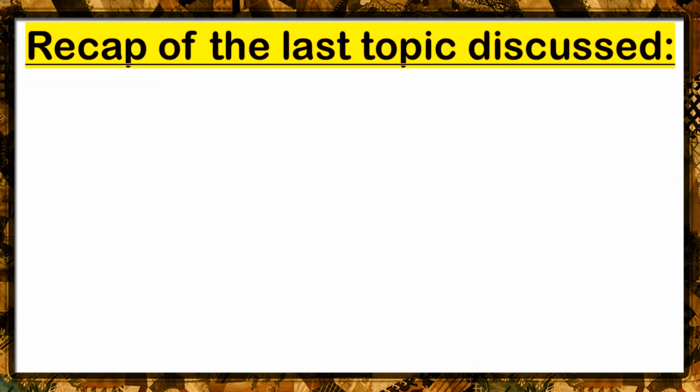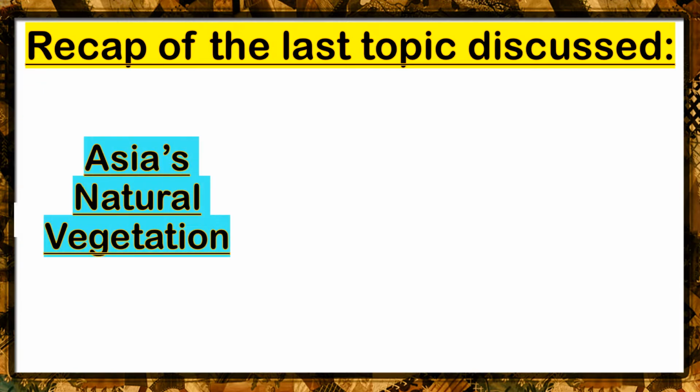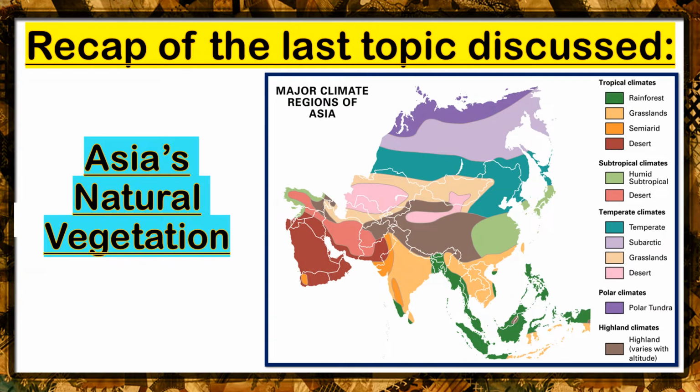Class, before we proceed to our online learning discussion, I would like us to have a short recap or review of the last topics that we have discussed last week, which is about Asia's natural vegetation. We have discussed the major climate regions of Asia, and they are the following. Number one, tropical climates. Under tropical climates, we have rainforest, grassland, semi-arid, and desert.